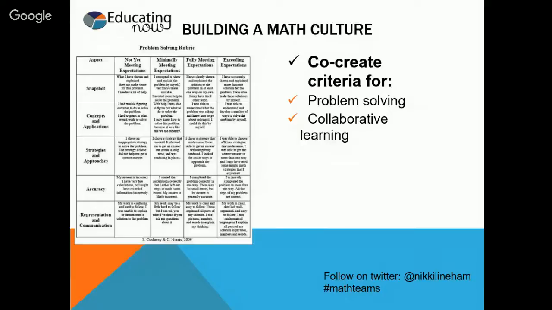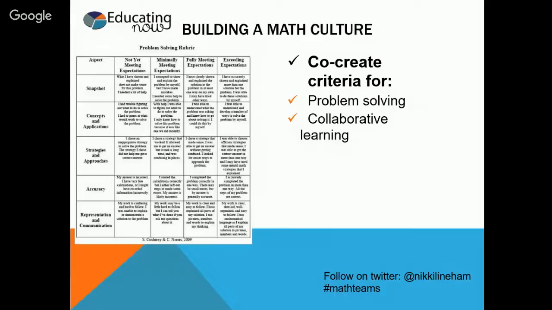And then we create a big rubric that goes up as a poster, and we refer to that often because we're going to need to remind them over and over again, what does collaborative learning look like? Because students do not come to us prepared to do this at all. It is something we need to explicitly teach. We also need to explicitly teach what effective problem solving looks like. And students need to be involved in that as well.